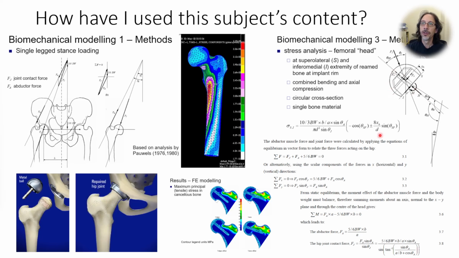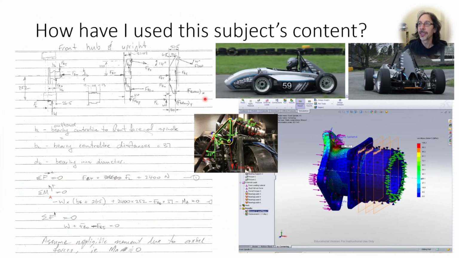Now, it's only because I have a good understanding of these fundamentals that I'm able to interpret correctly my finite element models. If I go back here, the first time I did this, the results that I got, I could clearly see were incorrect. Right?